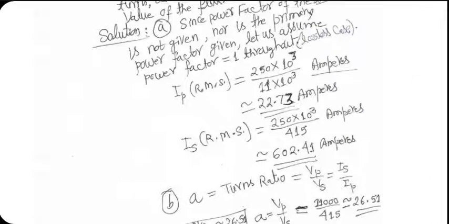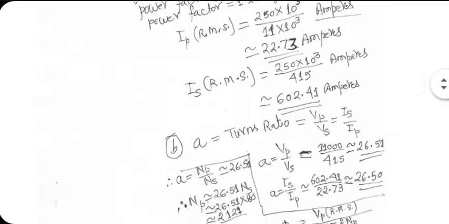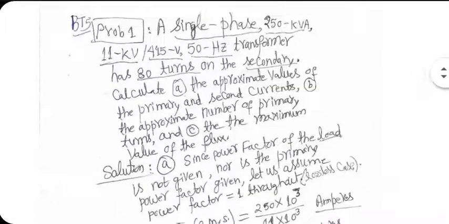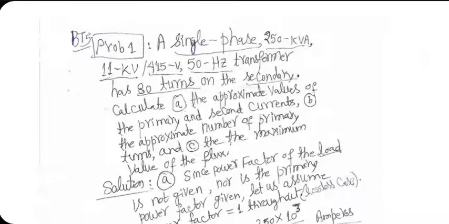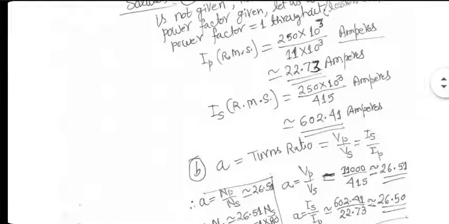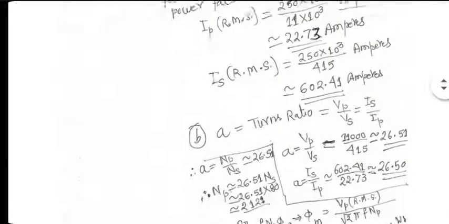Now the turns ratio is easy to figure out. It's IS upon IP or VP upon VS, whichever way you want to do it. VP and VS are given anyway. So 11,000 divided by 415 is the turns ratio. It is around 26.5. If you had done the same calculation using current values, you would get almost the same answer.